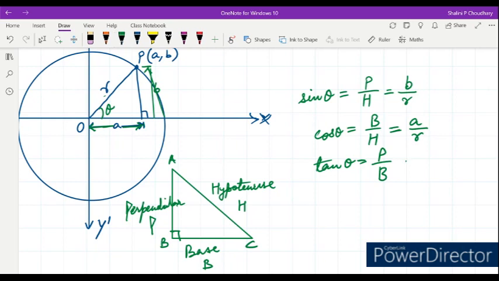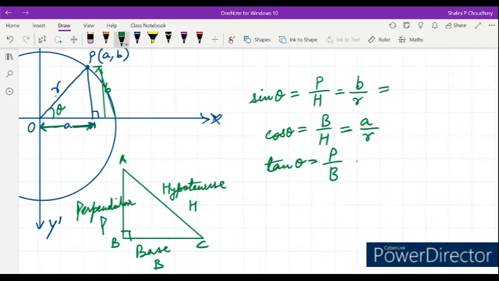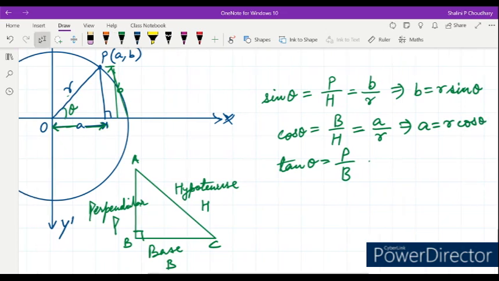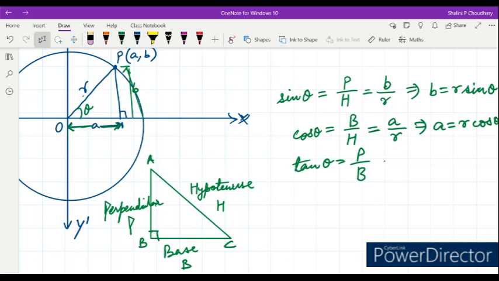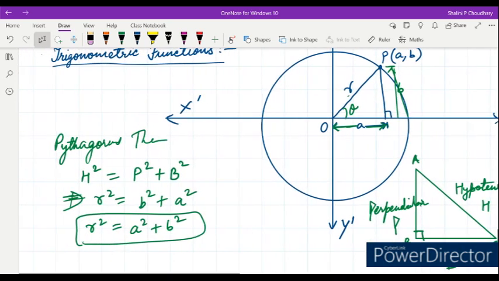So in this case we can say that b will be equal to r sine theta, and a will be equal to r cos theta. So always remember, cos theta depends on the x axis and sine theta depends on the y axis, right? So b is equal to r sine theta and a is equal to r cos theta.